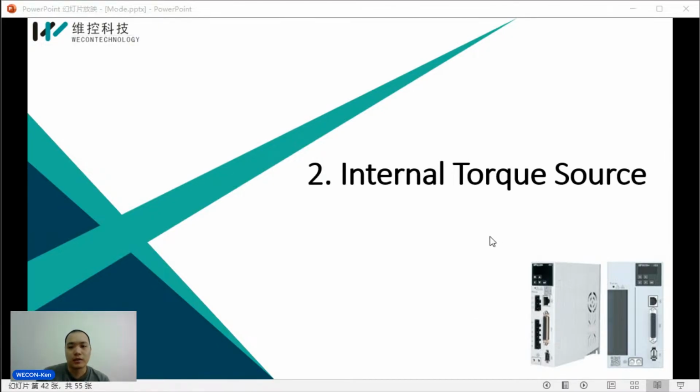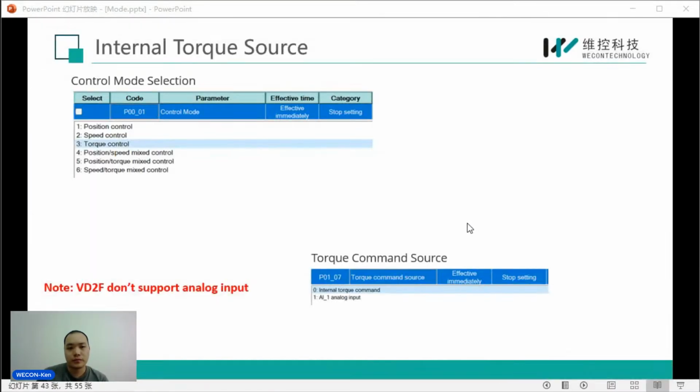Okay, second part. Internal torque source. Same as speed and position, we should select 3 to choose torque mode, and also VD2F doesn't support analog input.